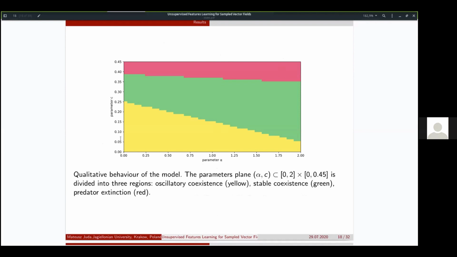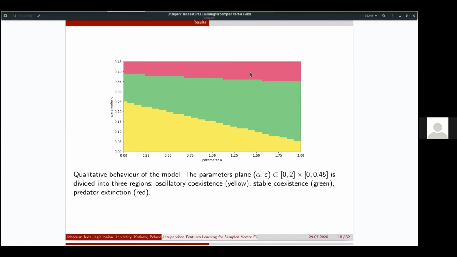So the authors claim that the alpha-C space may be split into three regions, where either there is oscillatory coexistence of two species, the yellow part, stable coexistence, the green part, or the predator wins in the red part.